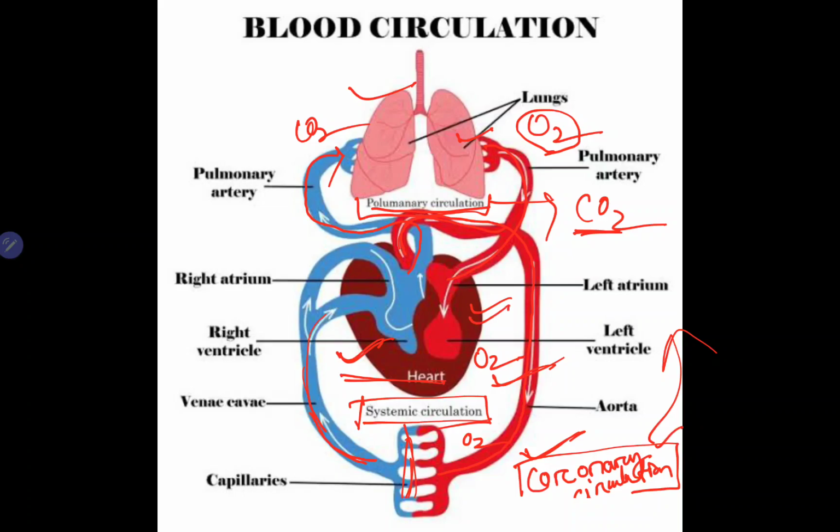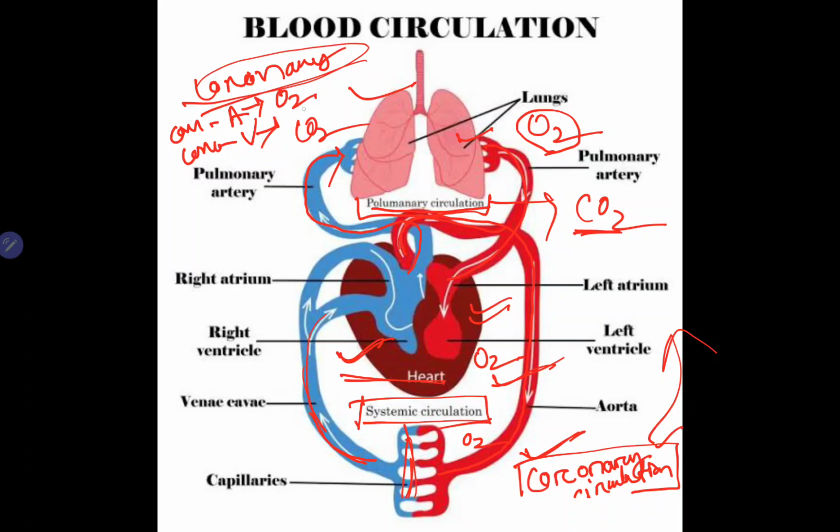The heart itself contains coronary blood vessels. Coronary blood vessels means coronary arteries and coronary veins. Coronary arteries carry oxygenated blood to the heart, and coronary veins carry deoxygenated blood from the heart.